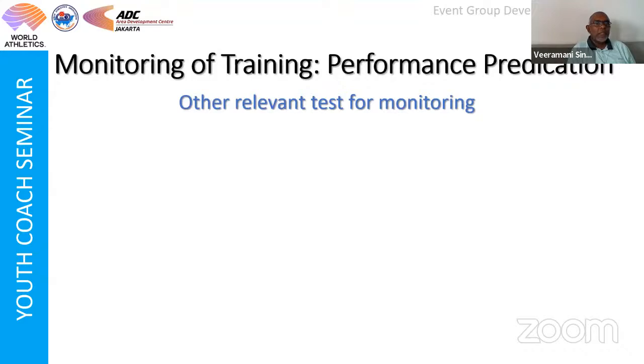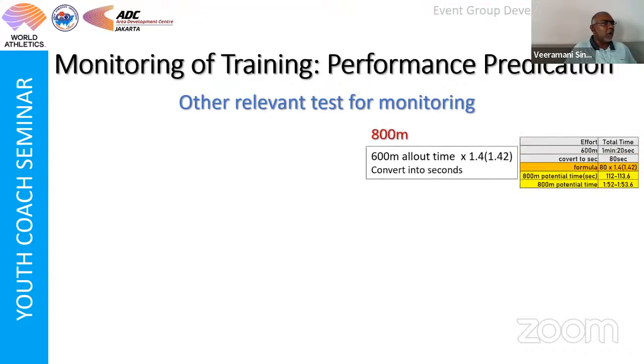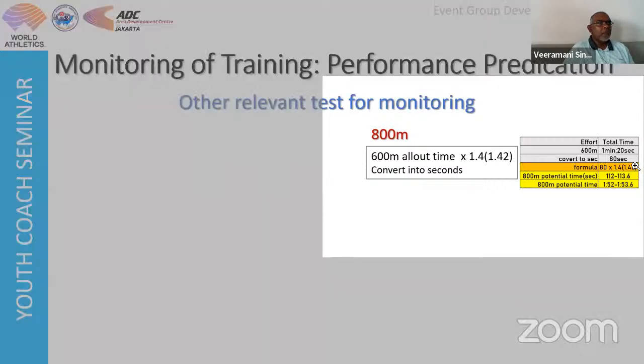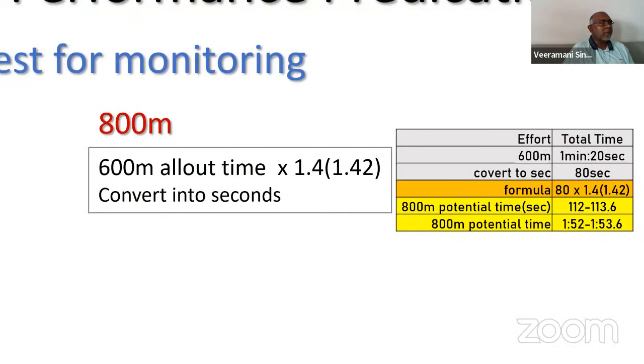Afterwards, it is also important, there are more specific ones available for you all to consider. There's another one for 800 meters, where you just do an all-out effort of 600 meters. Then you take the result in seconds and multiply it by 1.4 or 1.42. For example, if I've run 600 meters in 60 seconds, that means 80 seconds.